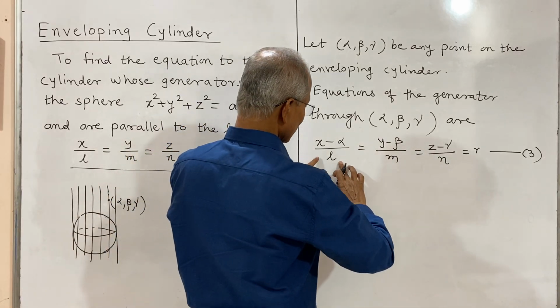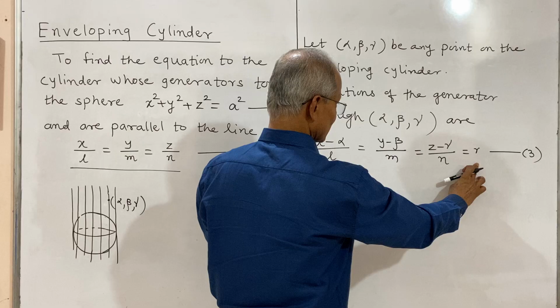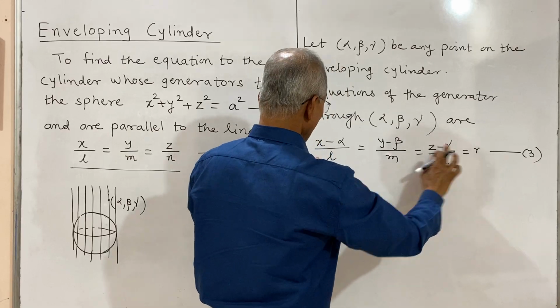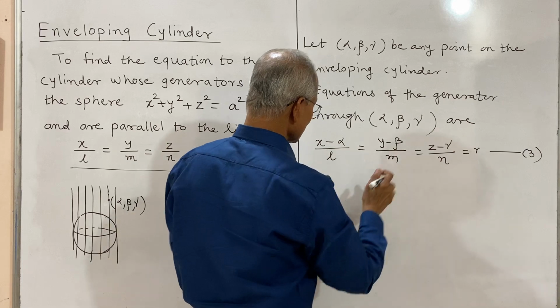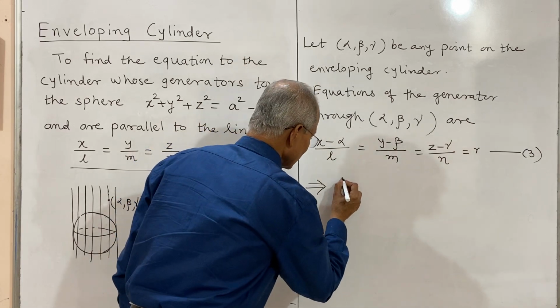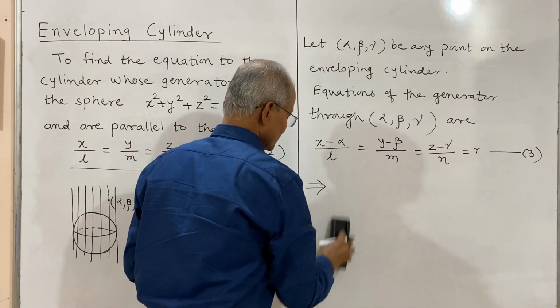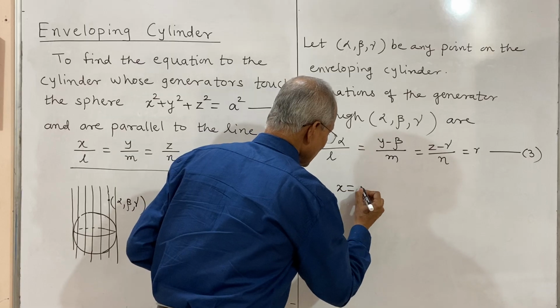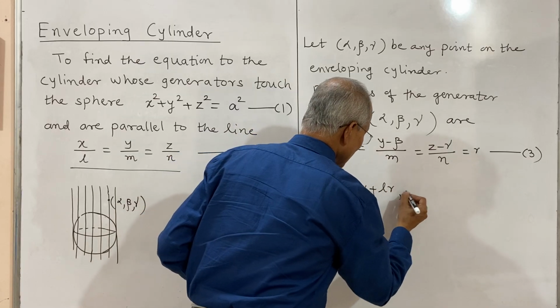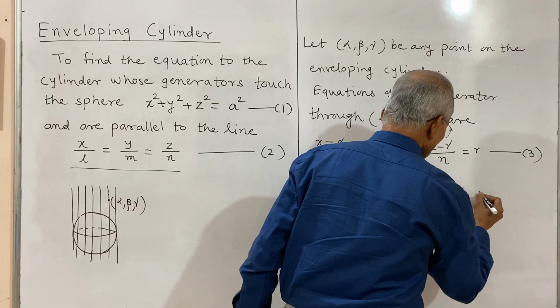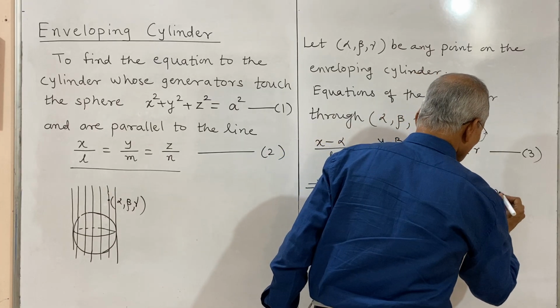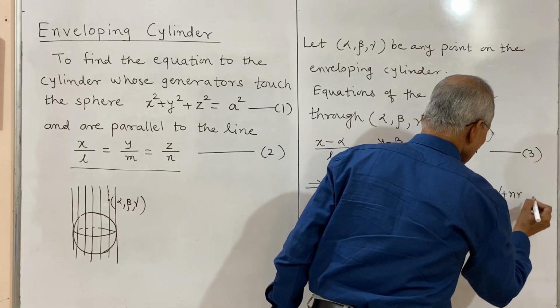For that purpose equate each ratio to this fixed quantity R, and it will give x minus alpha is equal to LR, so x is equal to alpha plus LR, y is equal to beta plus MR, and z is equal to gamma plus NR.